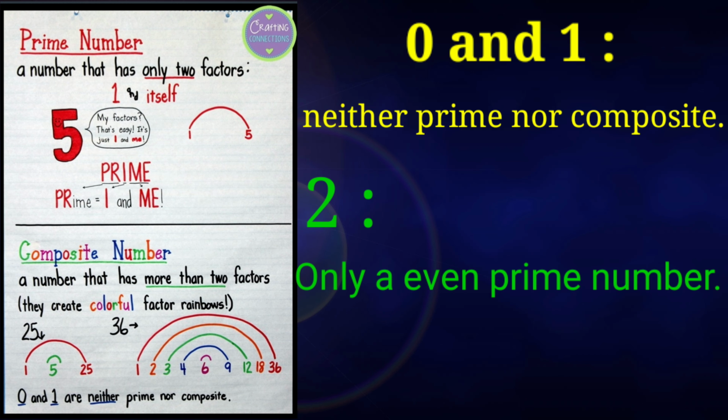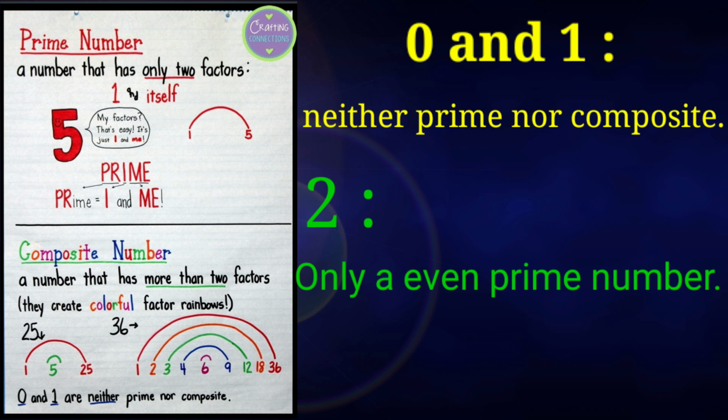But when we talk about prime numbers, students, it is a hint you can say, they will always be odd numbers only. In prime numbers there are always odd numbers only, for example 3, 5, 7, 11, 13, 19. See, they are all odd numbers and they are all prime numbers as well.